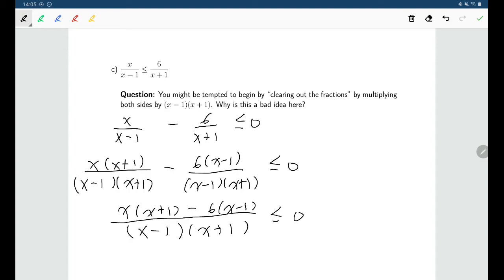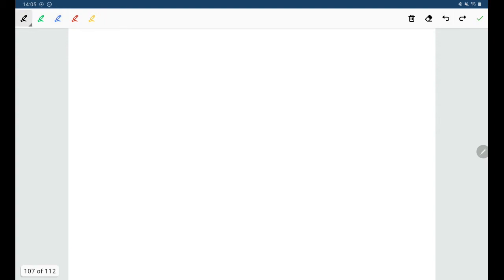And then the only thing left for me to do is simplify this numerator and then factor it. So if you were to take the x times x plus 1, multiply that out, take the 6 times x minus 1, multiply that out, then do the subtraction, the first thing minus the second, that numerator would simplify to give you x squared minus 5x plus 6.